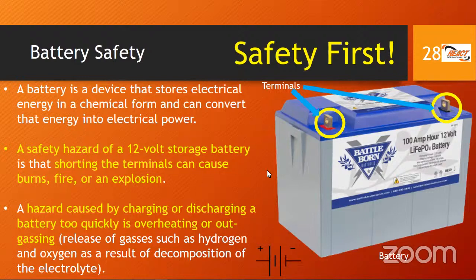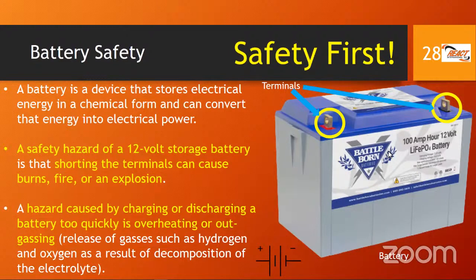So that's safety first. Also, we should avoid charging or discharging batteries too quickly. There is a rate at which we need to charge, and there's a maximum rate at which we should discharge. If we charge or discharge too quickly, we might overheat the battery or cause something called outgassing. Inside the battery you have chemicals, so gases may be produced if you overcharge, charge too quickly, or discharge too quickly.